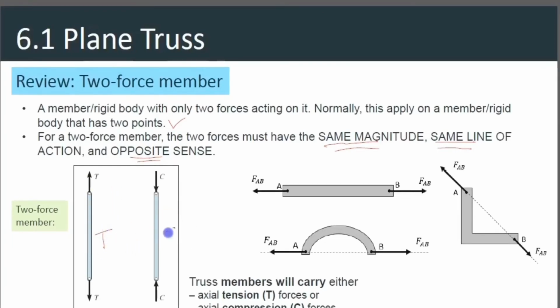You may refer here, T is considered as tension, C is considered as compression. You may refer to this figure here. You can see the difference in F, A, B, and which one is considered as axial tension and which as axial compression.